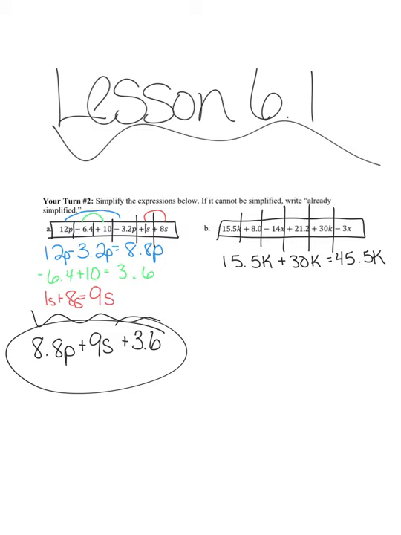And the next thing I can combine is my positive 8 and my positive 21.2. So that's these two right here. And that is 29.2.